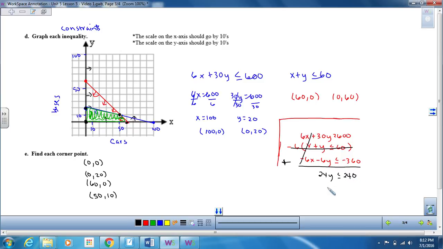Divide by 24, and we get 10. And we actually, like I said, can just use equal signs. That's what we should be doing here. And then if you plug this in, you'll get x equals 50. Okay, so we did verify that this really was the corner. That's really where they intersected.